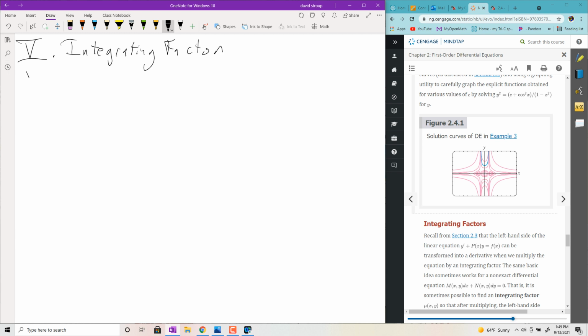Okay, so you do this when the partial of m with respect to y does not equal the partial of n with respect to x. When you do this, then we may be able to save it.